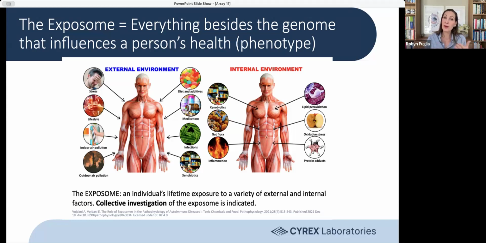So we know that the environment has the ability to influence the egg inside the fetus of a pregnant mother. So everything from then on has the ability to affect not just epigenetics, but also to inform the immune system, lastly, to accumulate in the body.